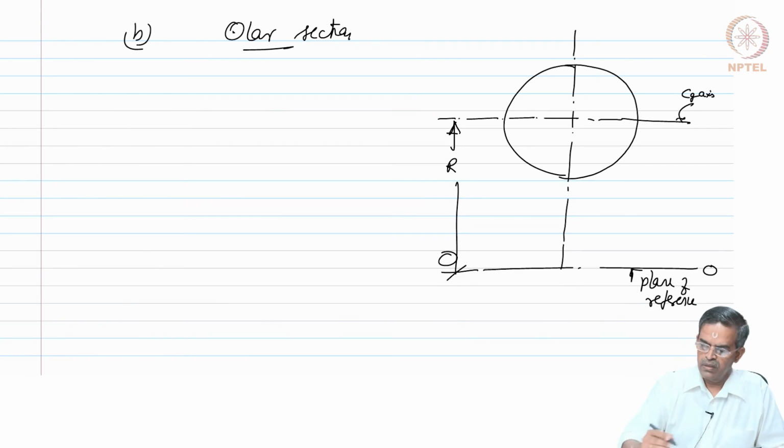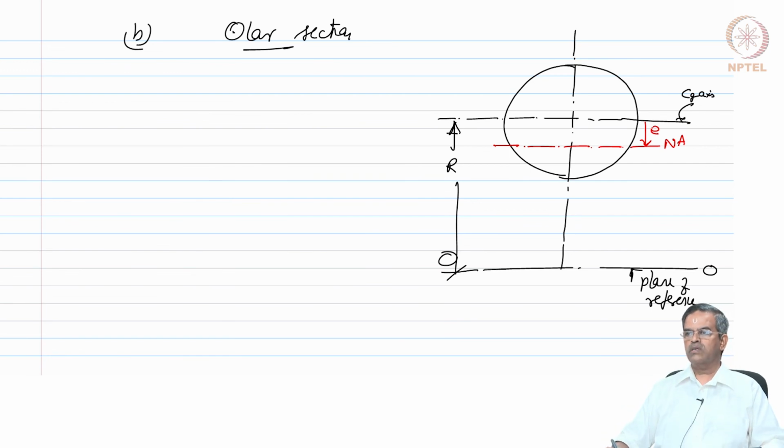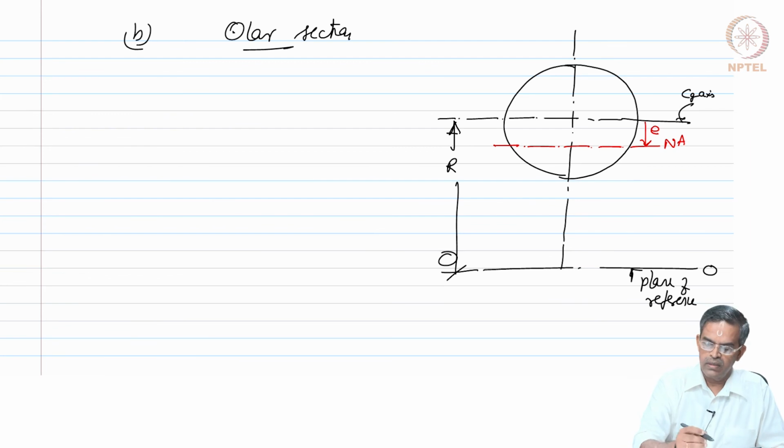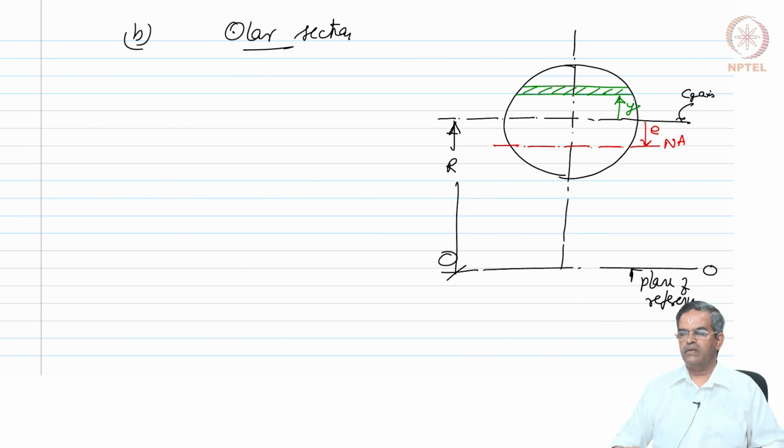Let me mark the neutral axis at a distance e from the centroidal axis towards the center of curvature. Let us mark a strip at a distance y measured from the centroidal axis.